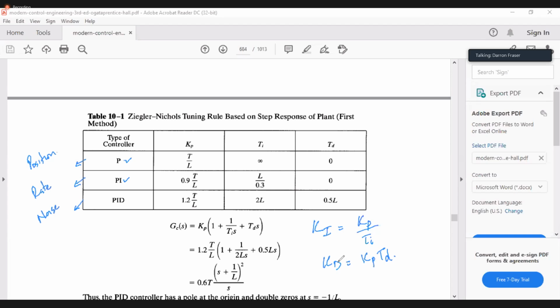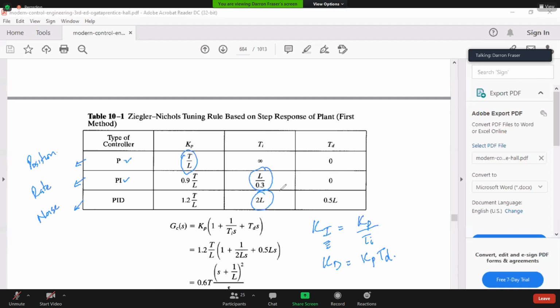All right. So the gain for the system KP, we can work out. That is, we can work out TI, but after we work out the TI value, depending on which type of controller you're choosing, then you work out the gain KI.